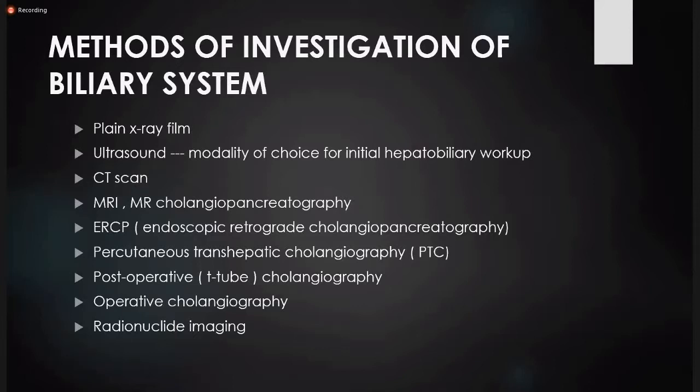Then for further investigation, we can go for CT, MRI, and then ERCP, PTC, post-operative T-tube cholangiography, operative cholangiography, and radionuclide imaging. Today, we will not be discussing the last three because these are specialized investigations. We will concentrate on the above seven.